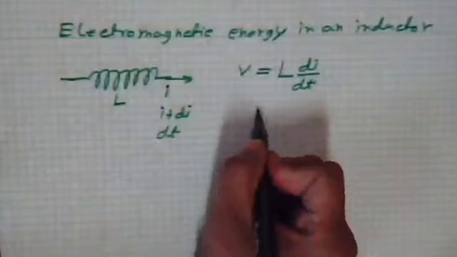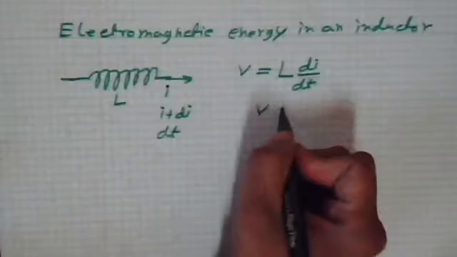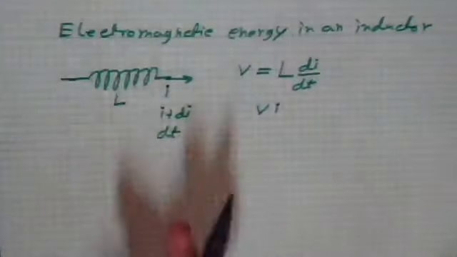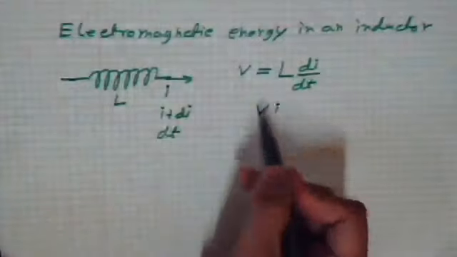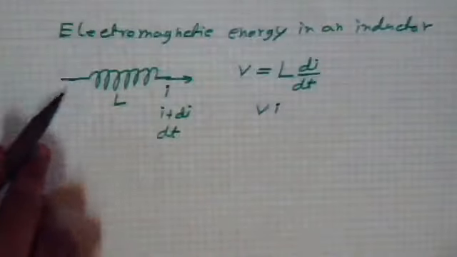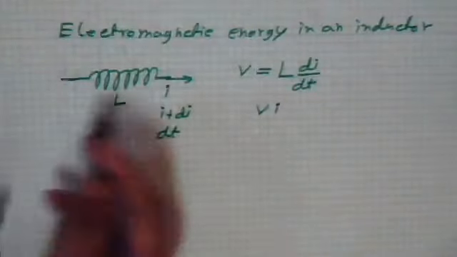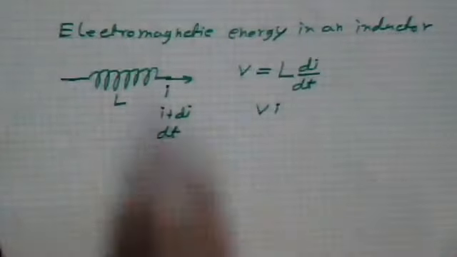Now if I multiply this opposing voltage with the current, which is I at that point of time, this is the amount of power I require to drive the current against this opposing voltage.